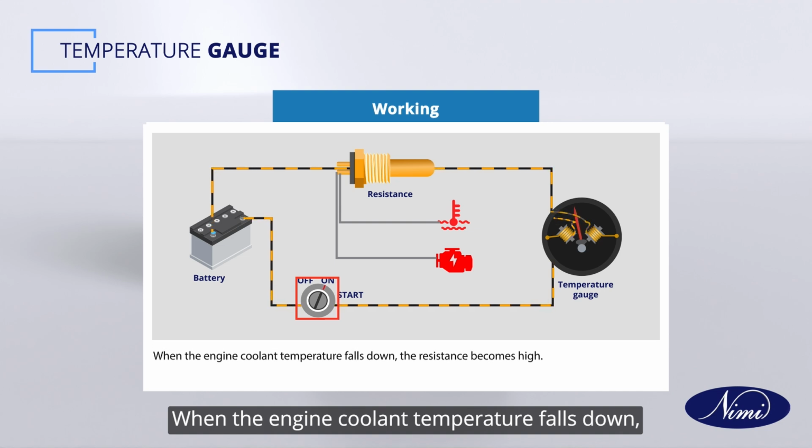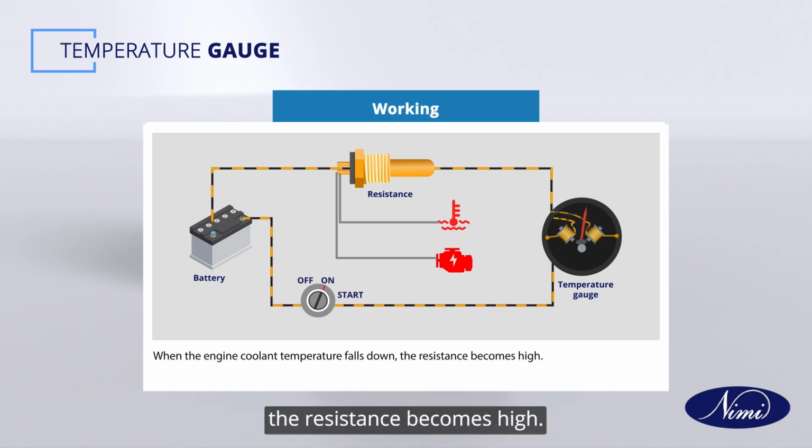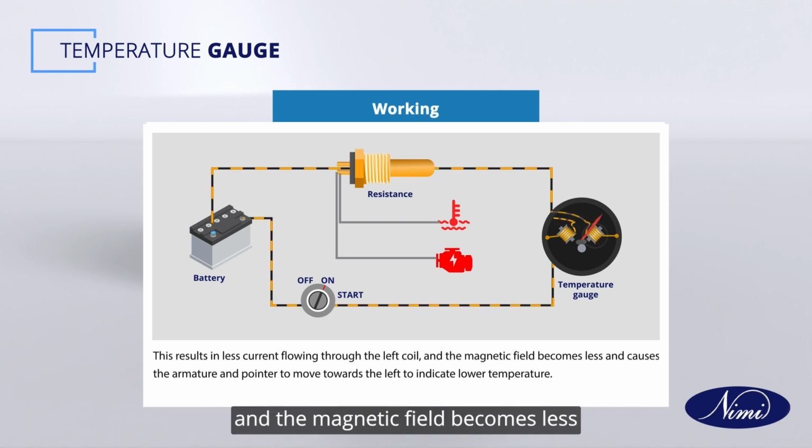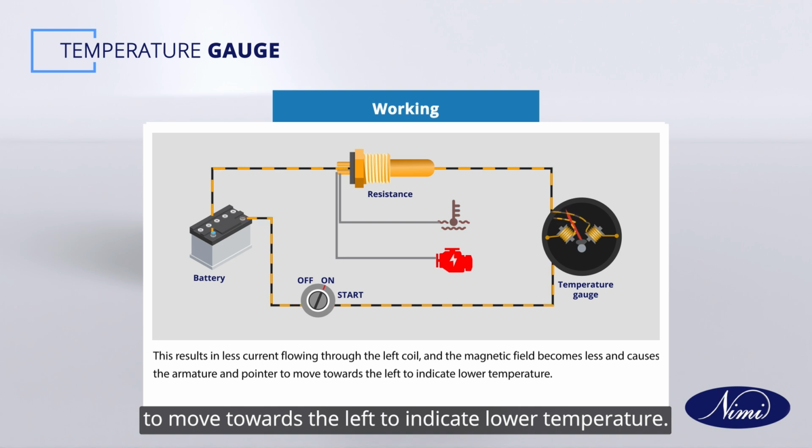When the engine coolant temperature falls down, the resistance becomes high. This results in less current flowing through the left coil and the magnetic field becomes less and causes the armature and pointer to move towards the left to indicate lower temperature.